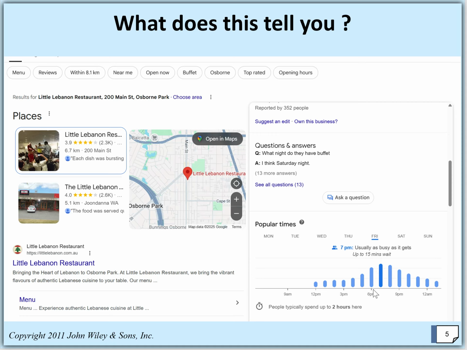So this is the discrete distribution of the busyness or the popular time that this restaurant has been busy. So I see that between 6 and 9 p.m. it is the busiest. So if I want to go in that slot, I better book. But if I want to go at 3 p.m. or maybe later than 9 p.m., I'll probably find a table so I can just walk in. So that discrete distribution of how popular or how busy Little Lebanon is tells you a story.